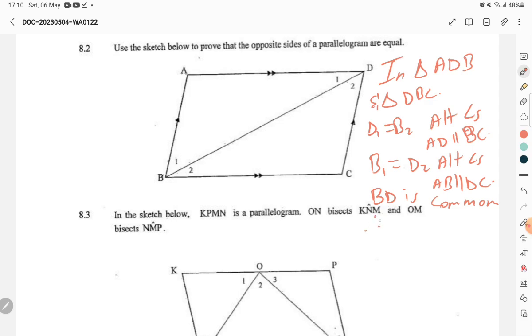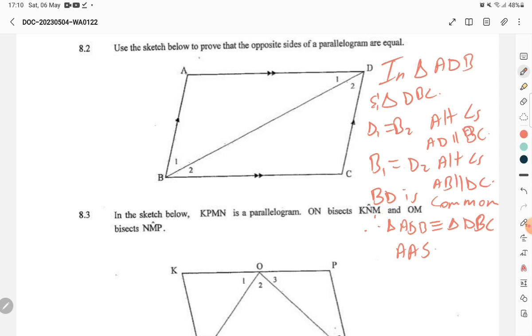Once we have these 3 items, you can say therefore triangle ADB is congruent to triangle DBC, and the reason is angle, angle, side. We have proved two angles that are correspondingly equal and one side.